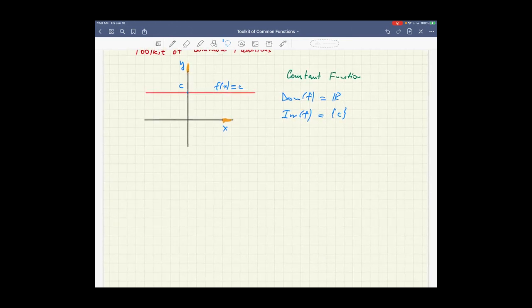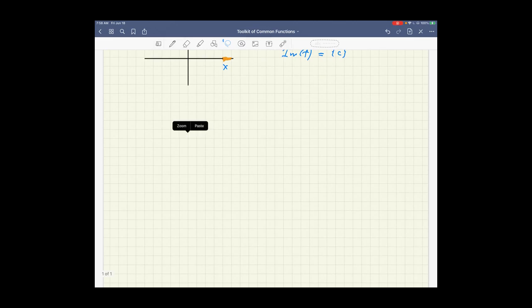All right, the next function on the list is the identity function, f of x equals x.